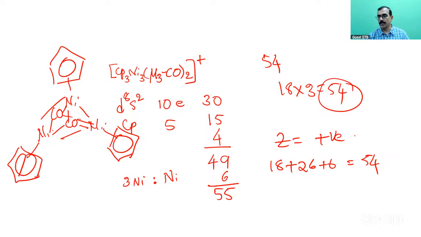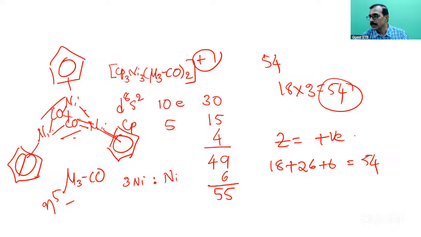So this is the structure. You have 3 metal-metal bonds, and 2 COs are bridging all the 3 metals. So you have mu3 CO, and each one is coordinated like this. Now the charge is plus. This is how you should be able to calculate the charge. Is it clear for you?